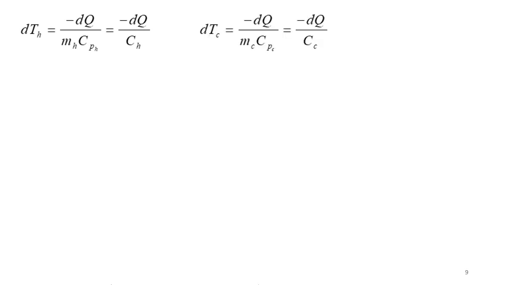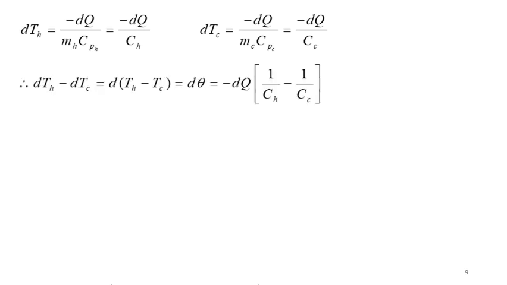Next, rearranging that equation, we get dTH equal to minus dq by mH CpH, which is equal to minus dq by CH, where CH is the heat capacity of the hot fluid. Similarly, dTC is equal to minus dq by mC CpC, which is equal to minus dq by CC. Therefore dTH minus dTC is equal to d of (TH minus TC), which is d theta, equal to minus dq (1 by CH minus 1 by CC).